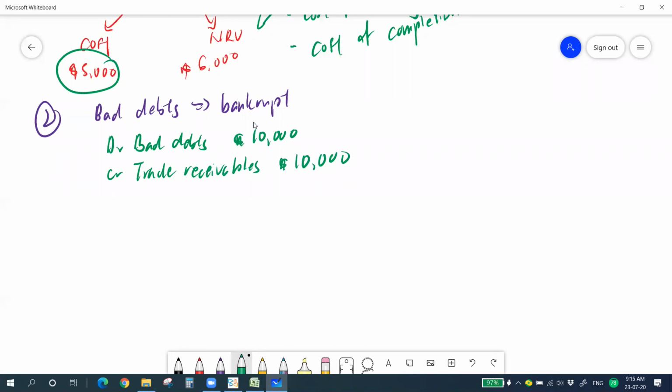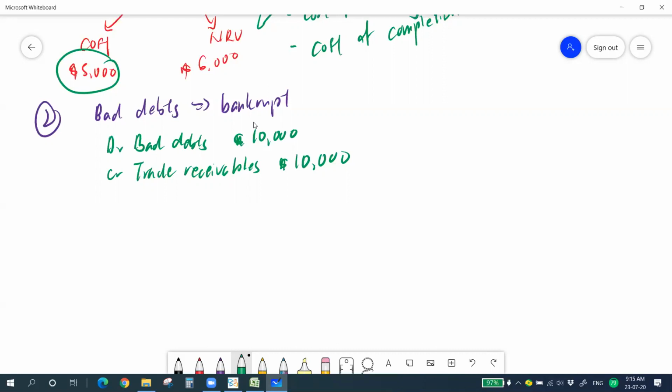So this is the double entry when our customer goes bankrupt. It means that your expenses increase, and at the same time, the value of your trade receivables reduces.